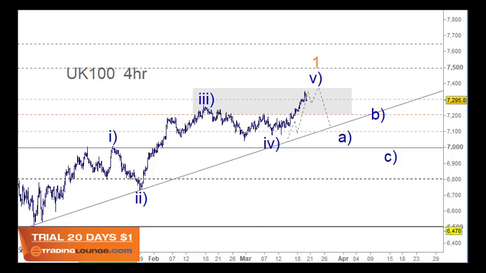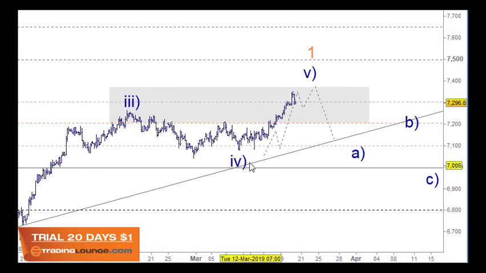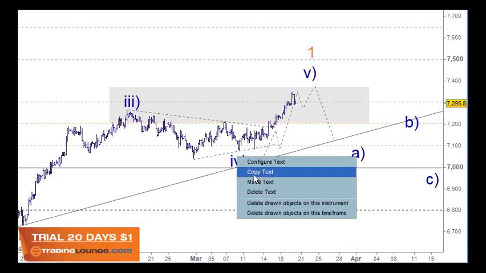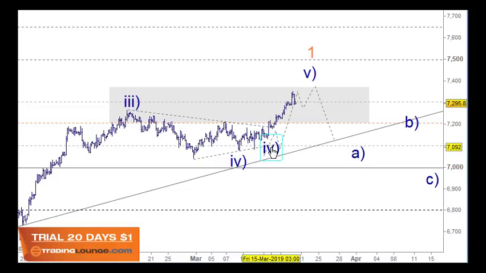We've been looking at this in 5 waves up as well, in terms of 1 and 2 here, and 3 here, and 4 here, and looking up for 5 here. I've been looking at this as a triangle pattern as well, so through here and through here, and if that's the case, then this wave 4 here can actually sit on this low just here, and then we can count 5 waves up here to finish.